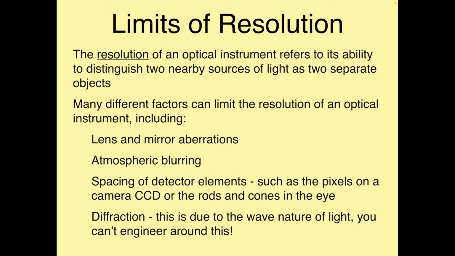And that's not something you can engineer around, okay? That's always going to happen if you have light entering an optical instrument. It's simply due to the wave nature of light. You can't engineer around this. So always, our ability to resolve objects is going to be limited by diffraction. This is going to limit the resolution of any optical instrument. So we're going to focus on this in this section.